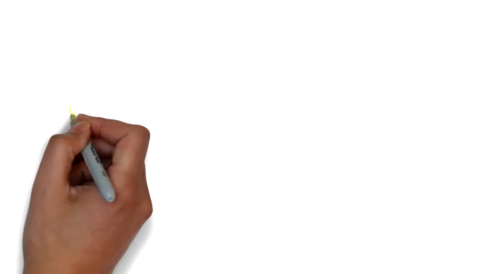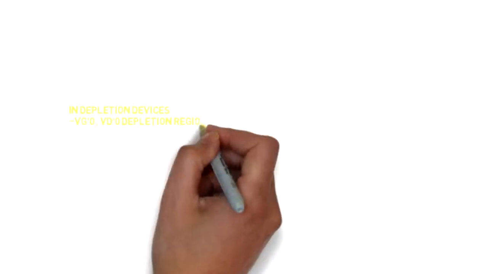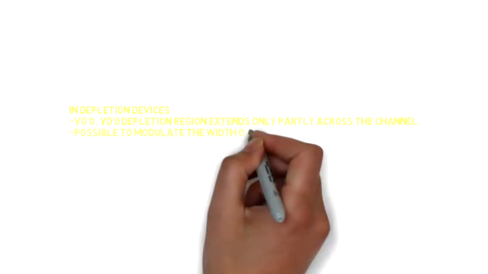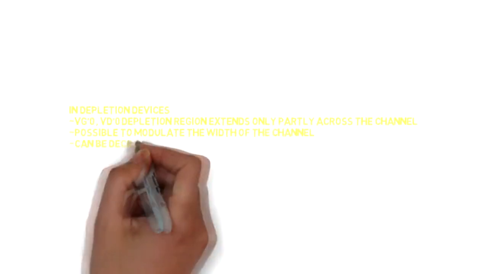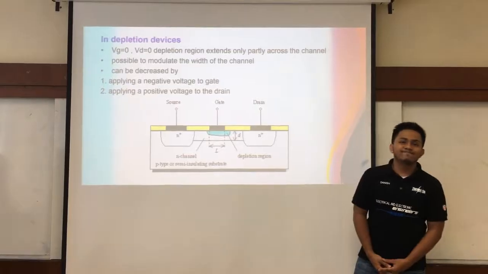For depletion devices, the gate voltage must be 0 and the drain voltage also must be 0. The depletion region extends only partly across the channel, making it possible to modulate the width of the channel. The current in these devices can be decreased by applying a negative voltage to the gate, and second, by applying a positive voltage to the drain.